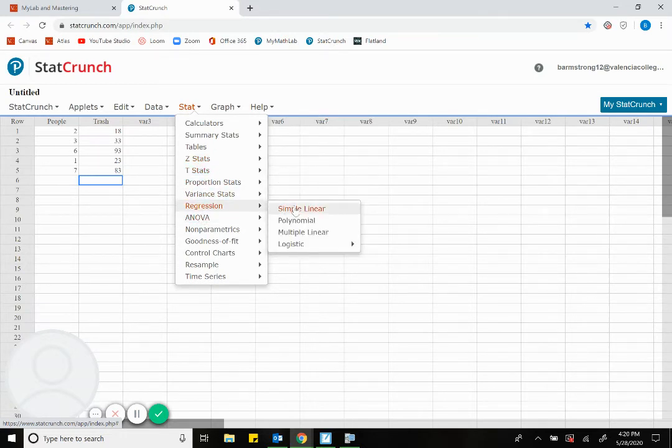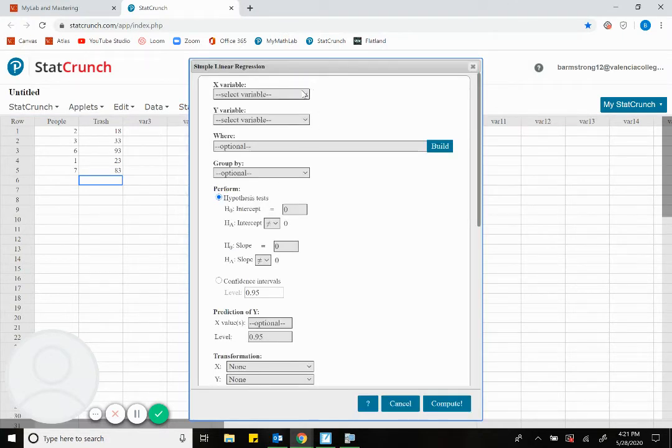So select your X variable, that's people. Select your Y variable, that's trash. Okay? And then all we're going to do is hit compute.